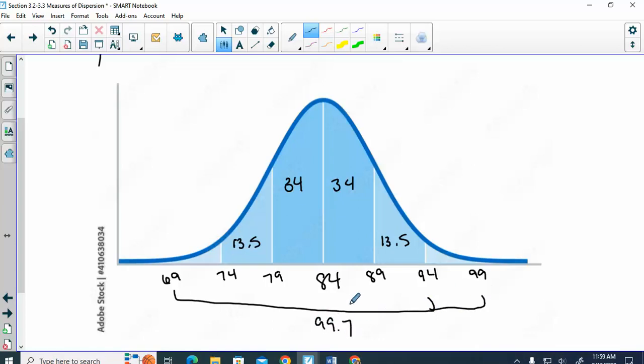So if you want to start figuring out those percentages, you have to do 99.7 divided by 2, because we have half above and half below, and subtract off the 2 we filled in. So subtract off the 34 and the 13.5. So this will be 2.35.